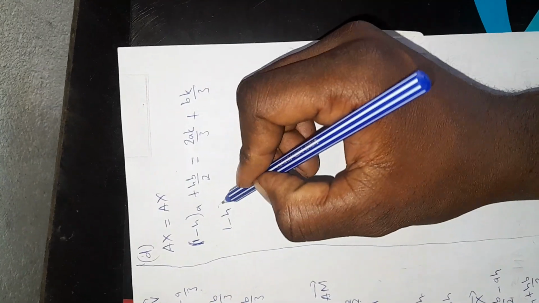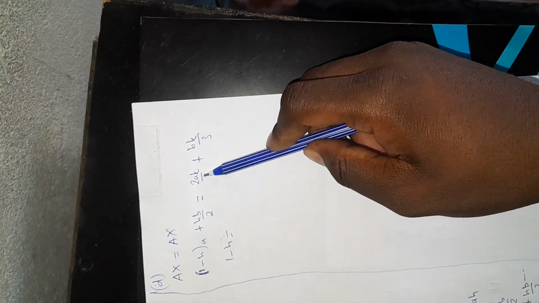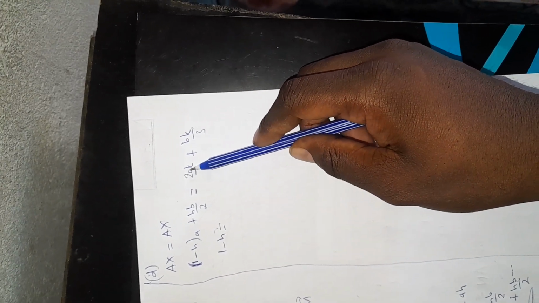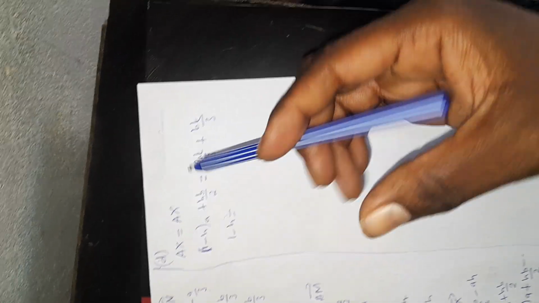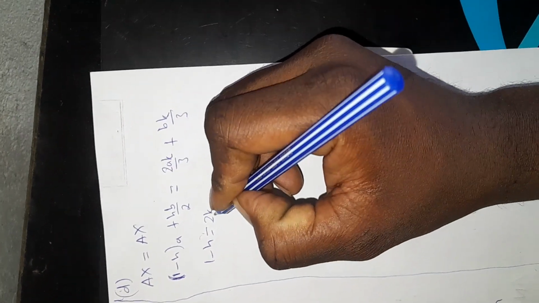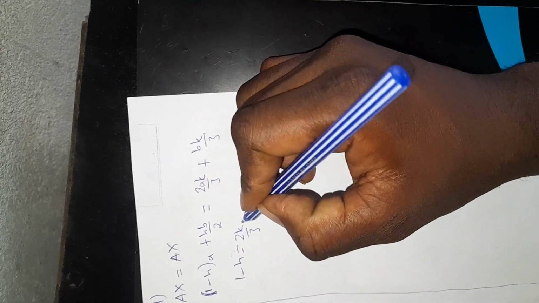So it equals, then this one is the term with the letter A, so it's 2K over 3. This will be my equation 1.